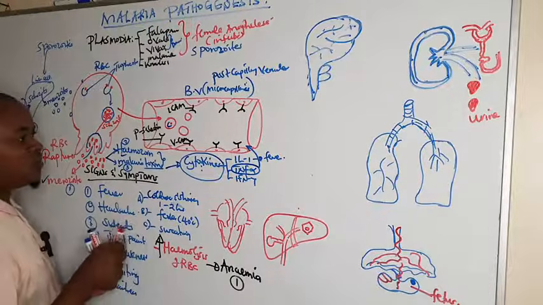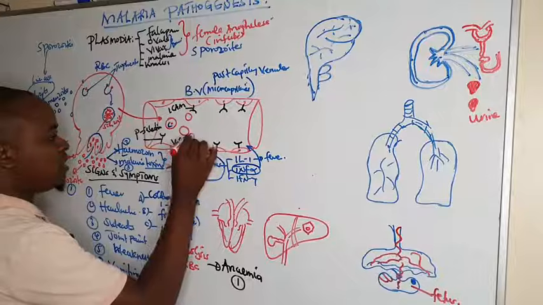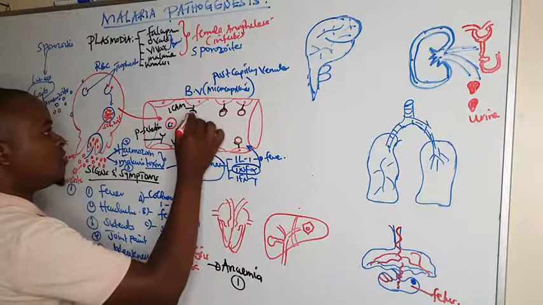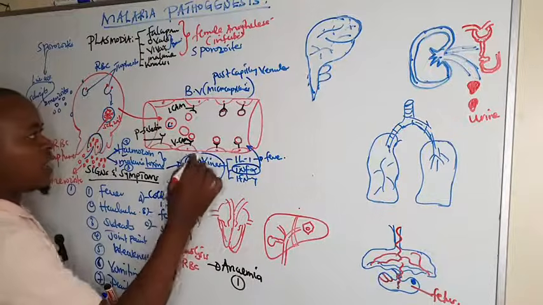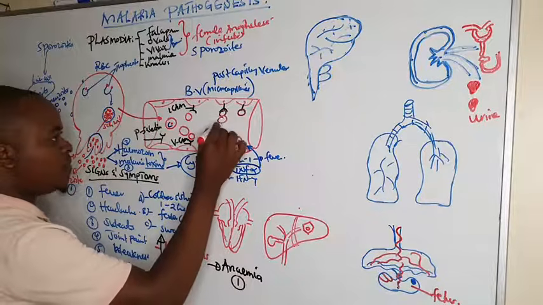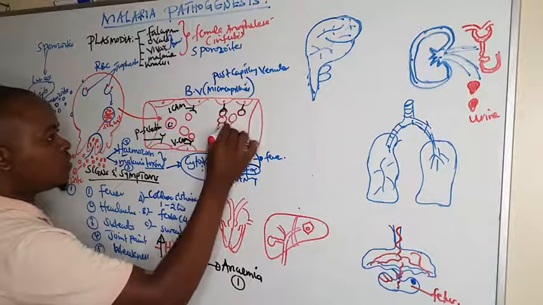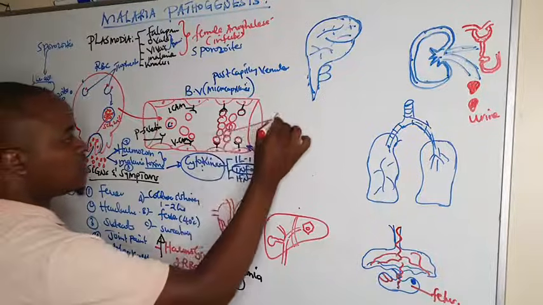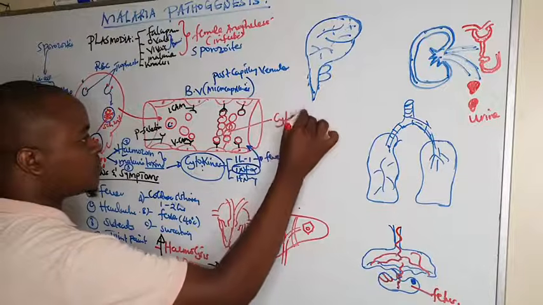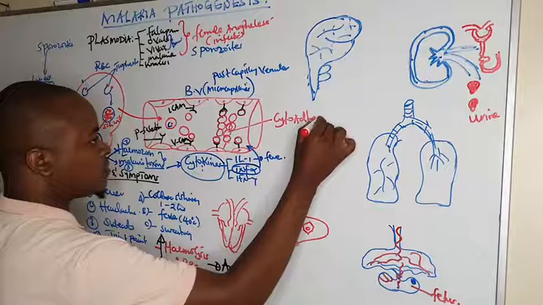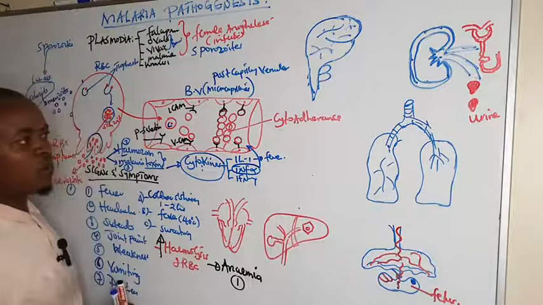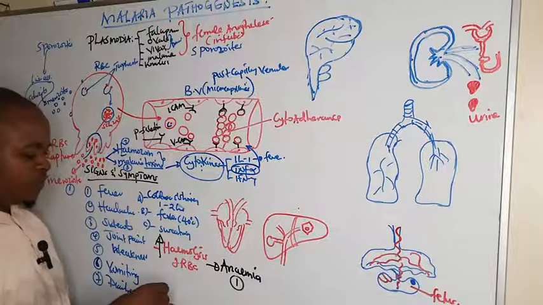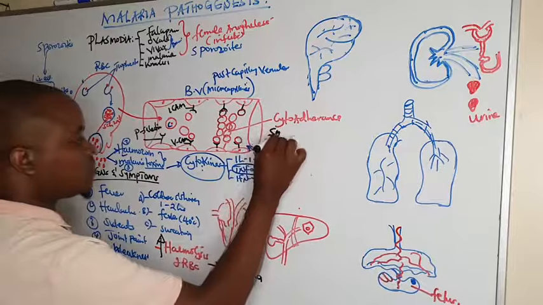So these blood cells which are infected begin to adhere to the endothelial lining of the blood vessel, and as they continue to adhere to one another, they cause what we call cytoadherence. They come and adhere to one another, and after adhering, they undergo what we call sequestration.